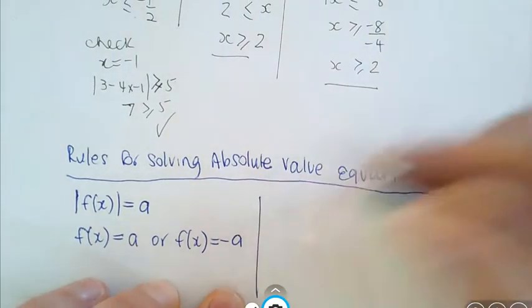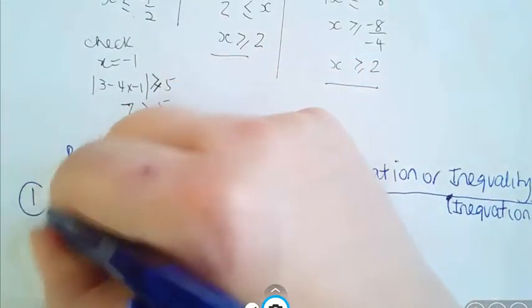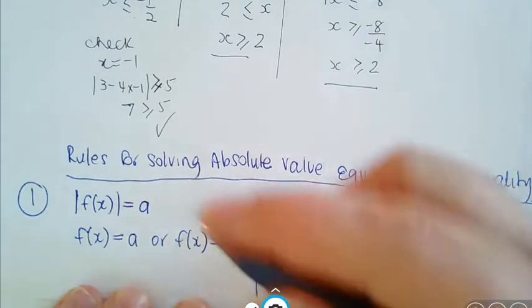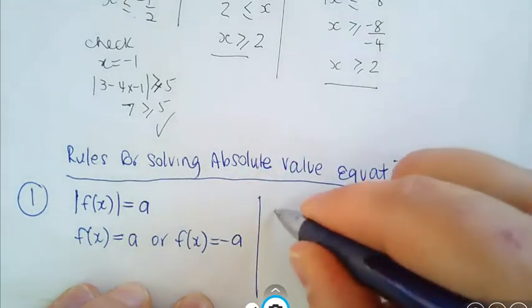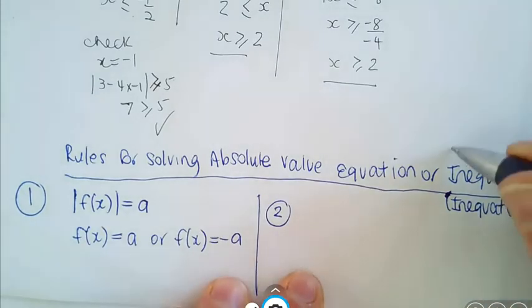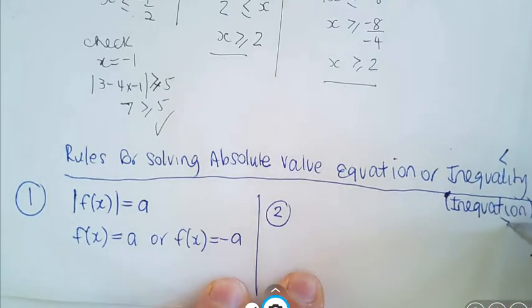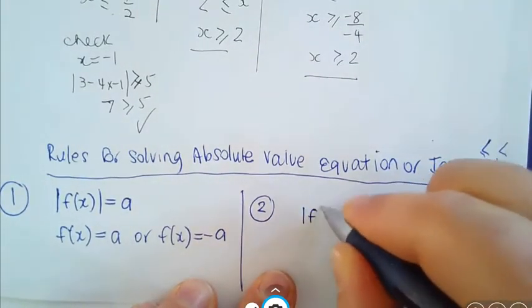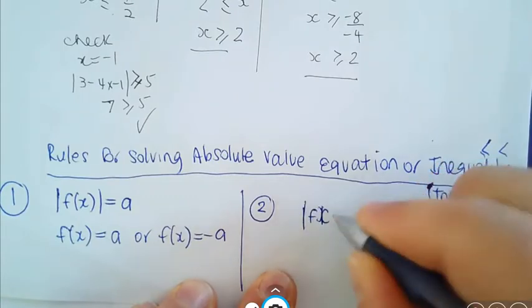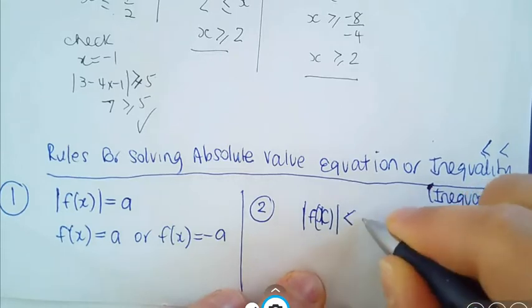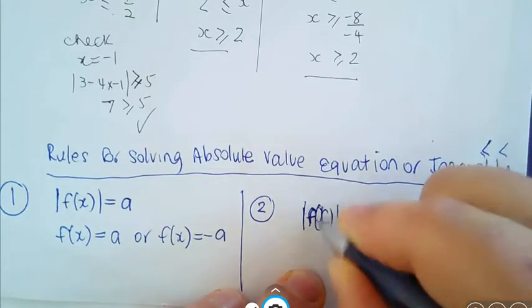But today what we looked at, so this is type 1, that's solving the absolute value equation. That's an equation with an equal sign. Absolute value inequation or inequality, that's these. So if I'm asking you to solve absolute value of function of x is less than A, sorry, I know that's not easy to read.